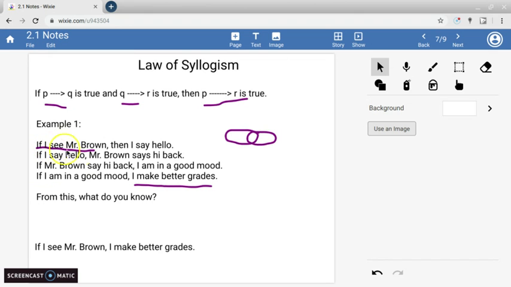If it just said if I see Mr. Brown, I say hello, and then if I am in a good mood, I make better grades. If it left out these two sentences, that would mean no conclusion, because they don't go together. If I'm in a good mood, I say hello. That doesn't go together, because that just doesn't work. So that's an example of when that wouldn't be true.